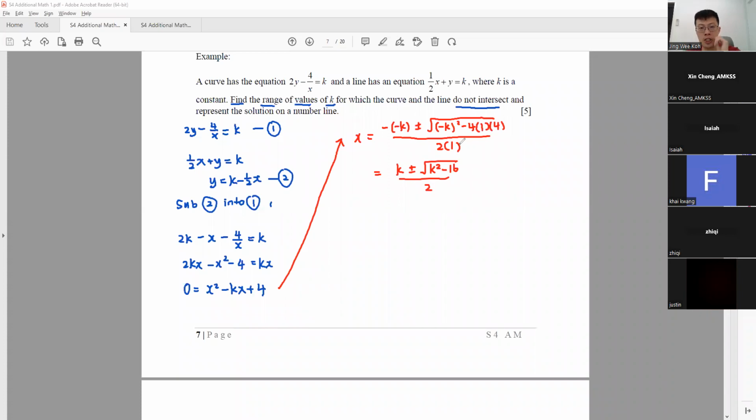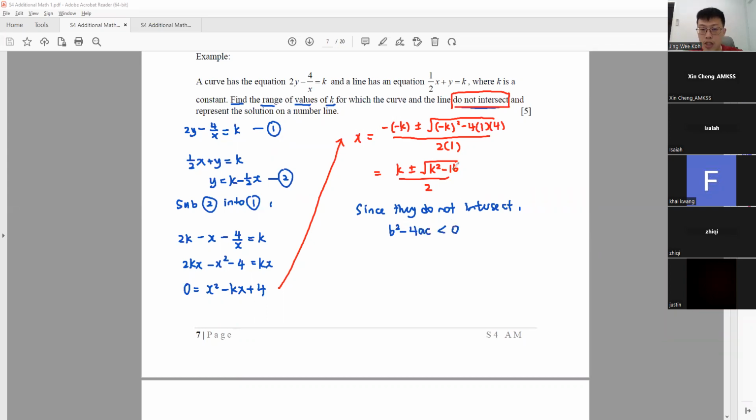Okay, so based on this, how many x answers am I supposed to get? Based on the question, they do not intersect. Means I should not get any x answers. And how do I not get any x answer? So since they do not intersect, my discriminant is less than 0.